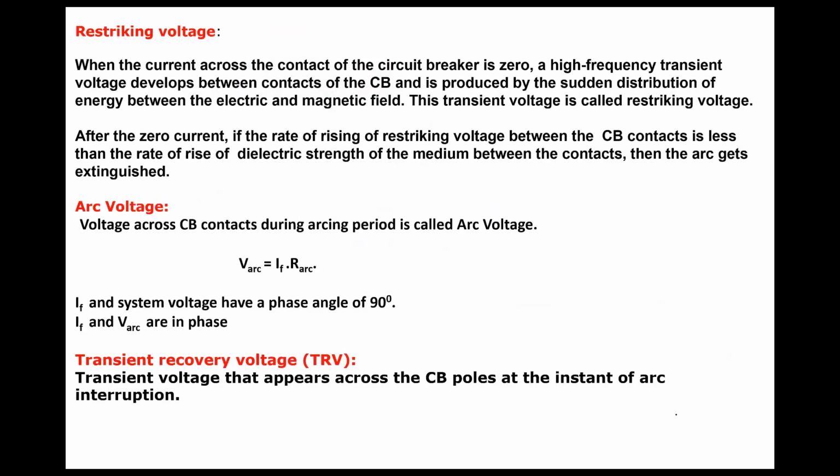So when the current across the contacts of the circuit breaker is 0, a high frequency transient voltage develops between the contacts, produced by sudden redistribution of energy between the electric and magnetic field. This transient voltage is called restriking voltage.